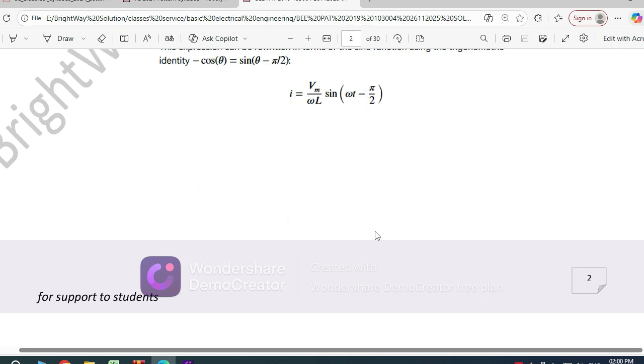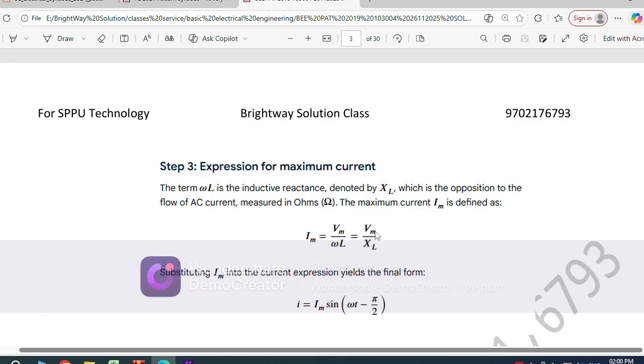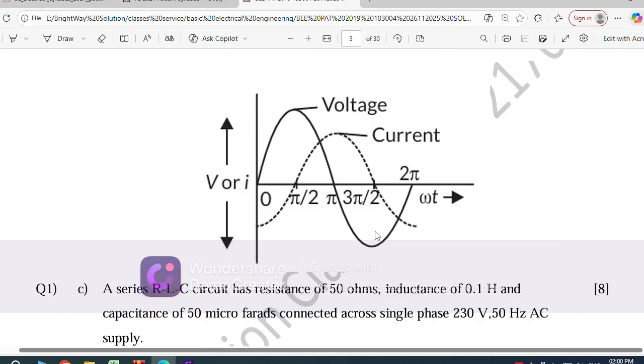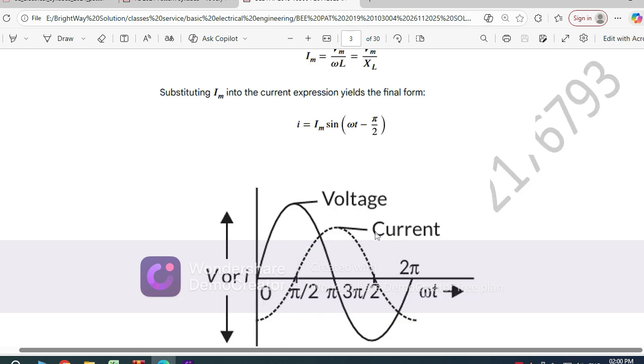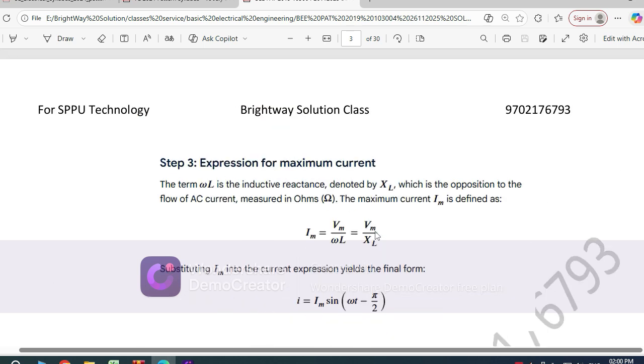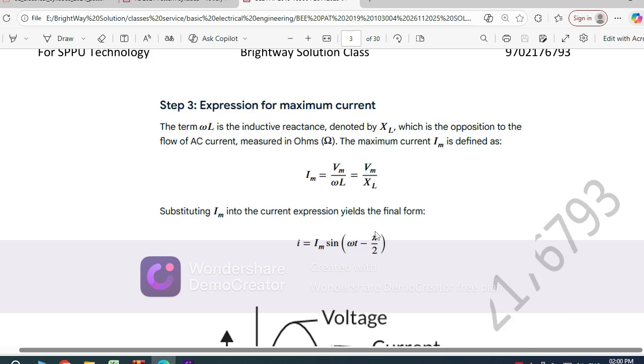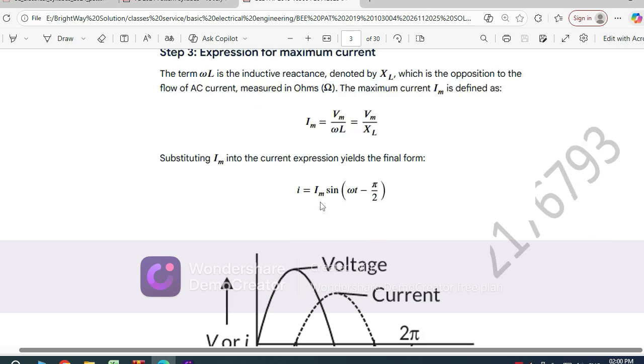Next, step 3: expression for maximum current. The term omega L is the inductive reactance, denoted XL, which is the opposition to the flow of AC current, measured in ohms.